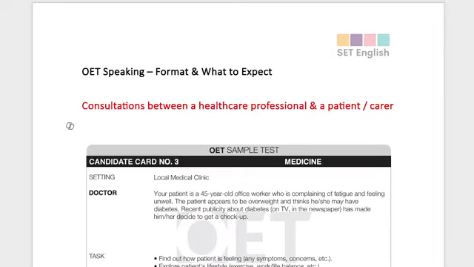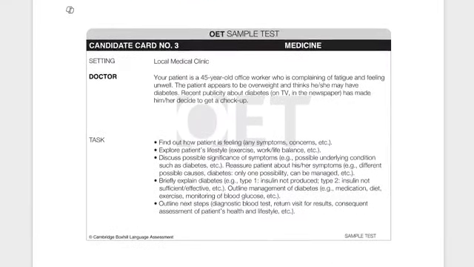Here's an example. Let me show you it. I'm going to draw a few little things on here and draw your attention to them. First of all, we've got the setting, that's where something takes place. In this case, it's a local medical clinic. Next, you've got the situation, the context.